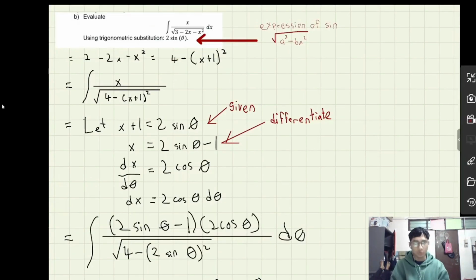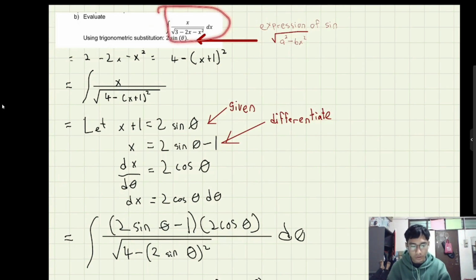For question 2b, from this equation, we must solve it using a trigonometric substitution, and the substitution given is 2 sin theta.